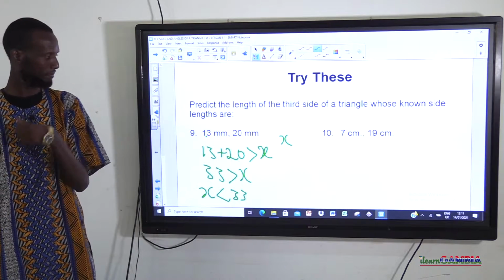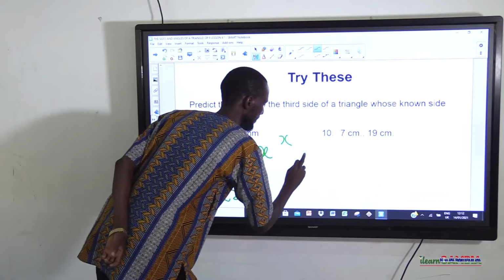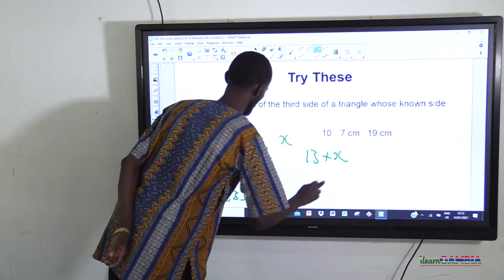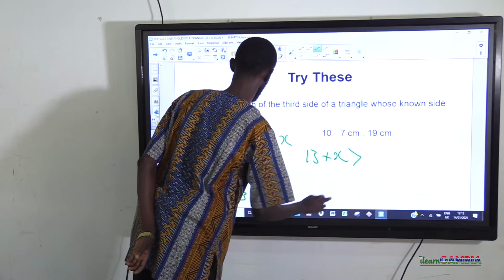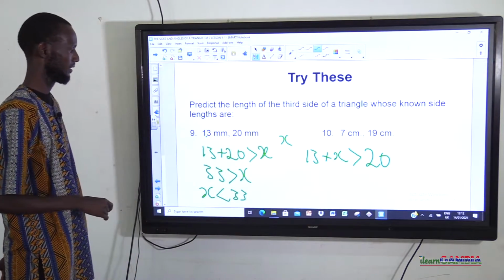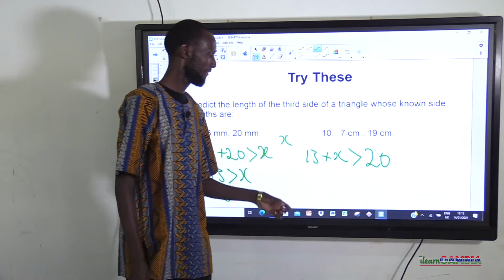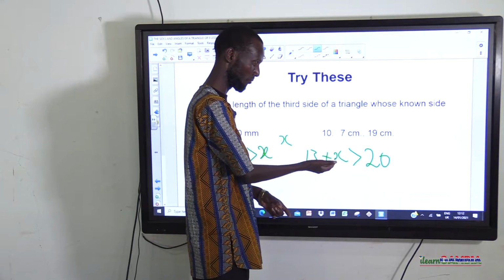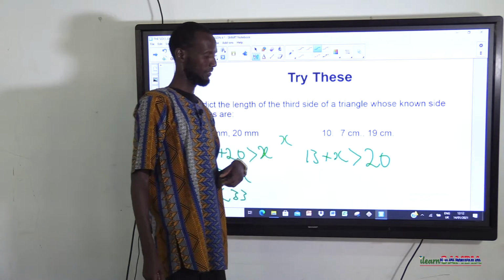That's one condition met. Now, let's take the first side, that is 13. 13 plus the third side again has to be greater than 20. Again, we are mindful of what's the lowest number we can put here so that our answer is greater than 20.